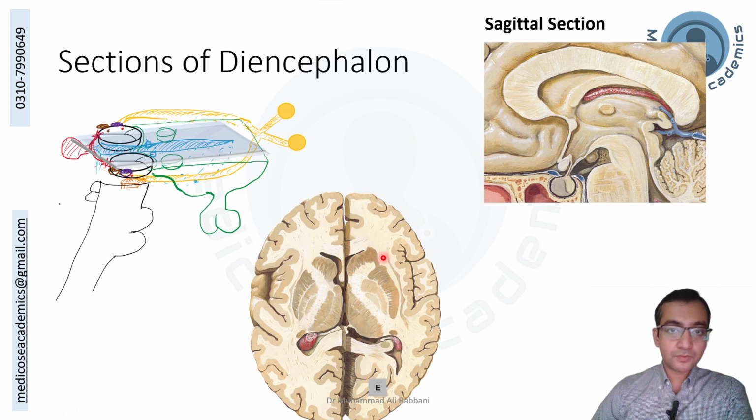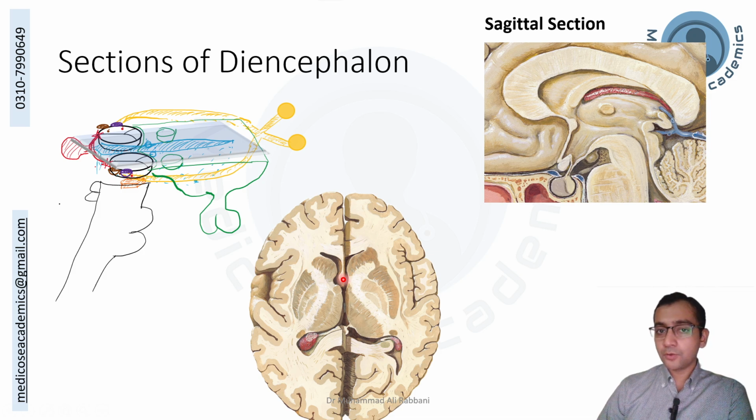So regarding thalamus, which structures did we do? The third ventricle, thalamus on either side, pineal gland on the back. Behind pineal gland there will be corpus callosum, you can see it right here. Anterior to the thalamus there is foramen of Monro, and anterior to the foramen of Monro, fornix.